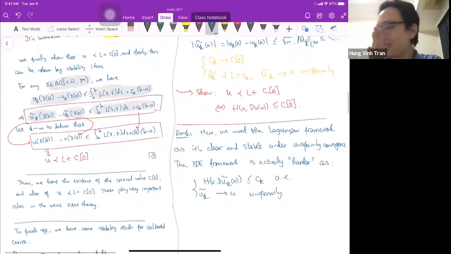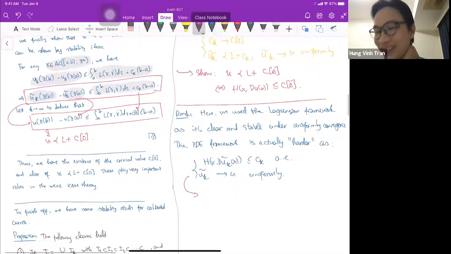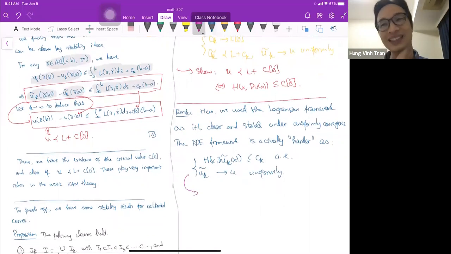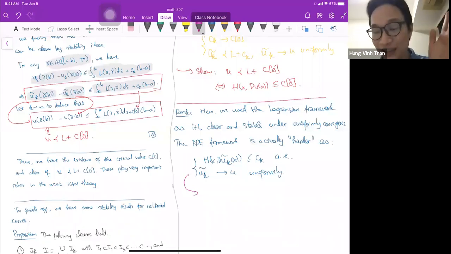Now, again, some of you here are experts in viscosity solutions, then you can say this is obvious, but assuming that you don't know viscosity solutions, whatever that means, I'm asking you to prove a stability result, right? I have h of x, Du_k tilde less than or equal to c_k only in the almost everywhere sense. I have u_k tilde converging to u.